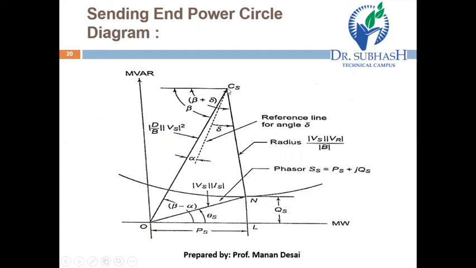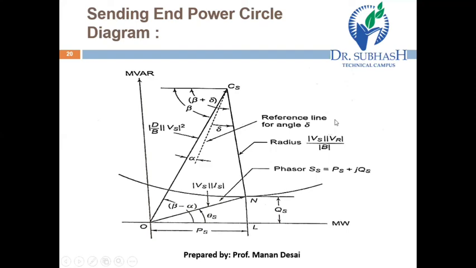This is a circle where the radius is Vs upon Vr, from the origin O. This is the sending end power, and this Qs is the reactive power from the sending end, and we calculate it on the scale of megawatt on the x-axis and MVAR on the y-axis.